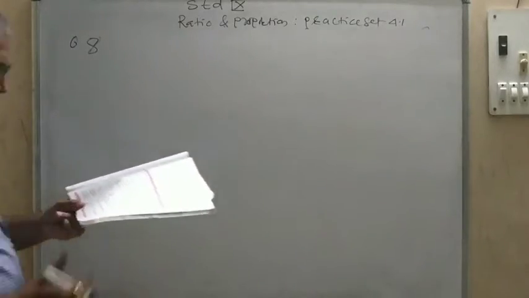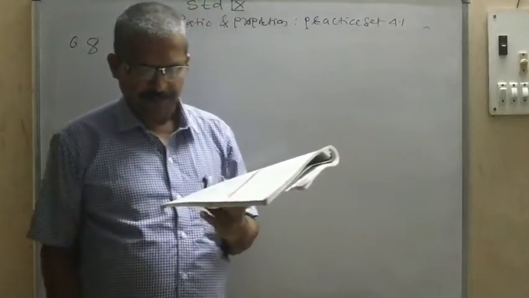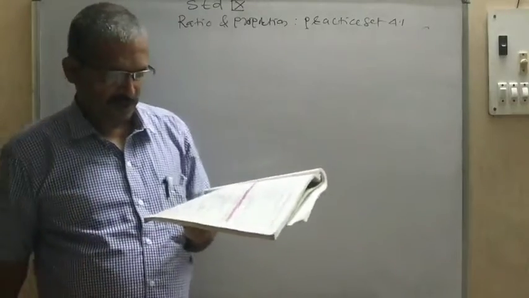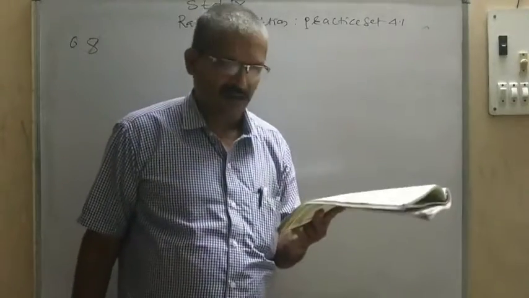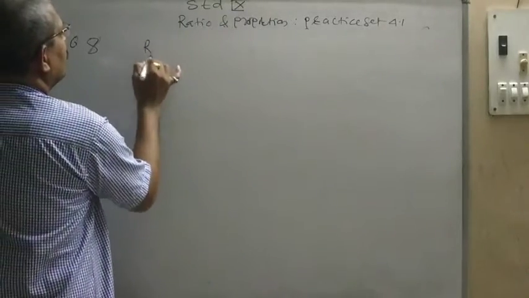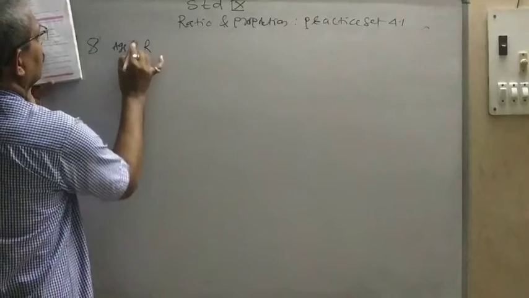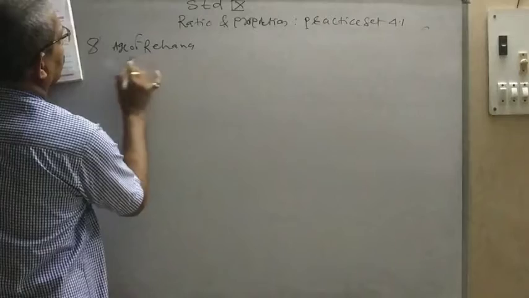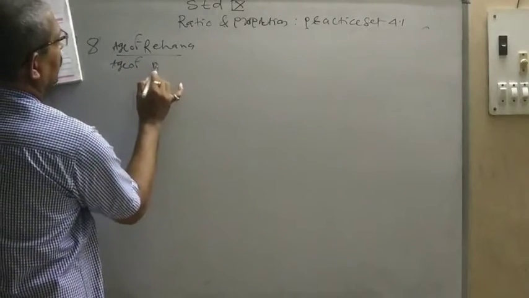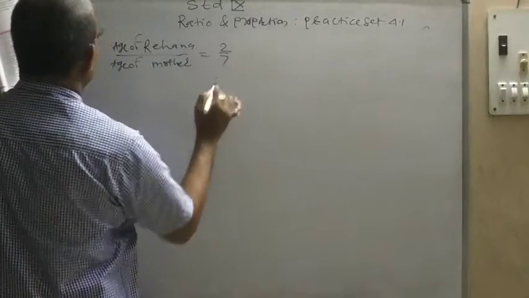The ratio of present ages of Rehana and her mother is given as 2:7. After 2 years, the ratio of their ages will be 1:3. What is the present age of Rehana? Age of Rehana upon age of mother is equal to 2:7.